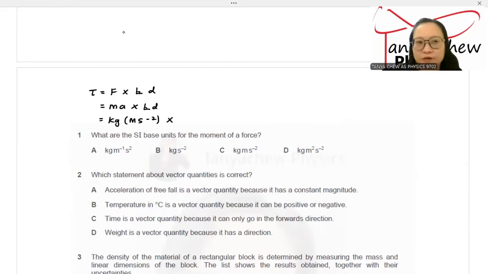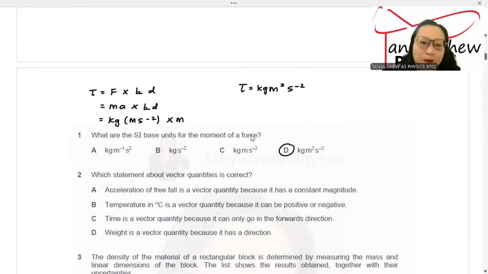Distance, perpendicular distance or parallel distance, share the same unit, which is meter. After that, all you can do is multiply all the units. So this is kilogram, meter multiplied by meter gives meter square, and second to the power of -2. Therefore, the answer is D.